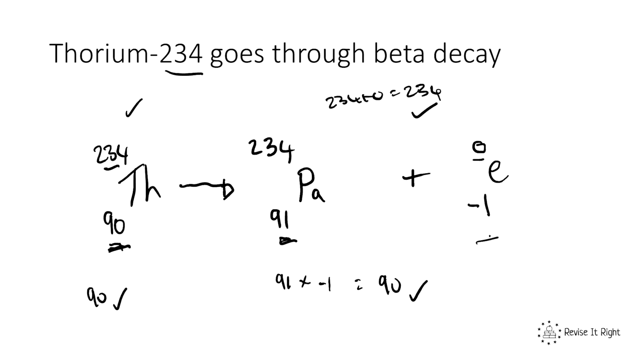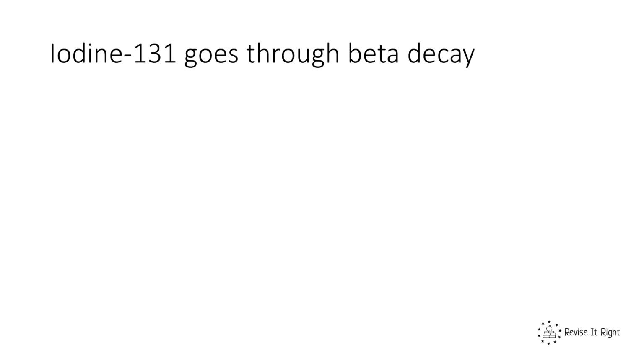So we'll go through one more just to make sure that you understood that, and this time we'll go through iodine-131. Again, we need to find it on the periodic table. Iodine, symbol I, mass number 131 in the equation, and when we look, it has a proton number, atomic number, of 53.